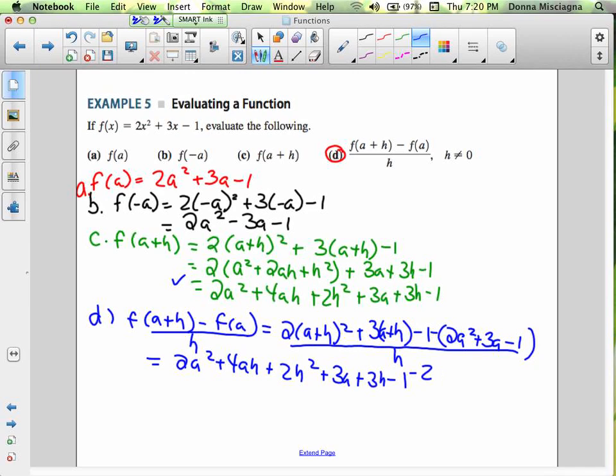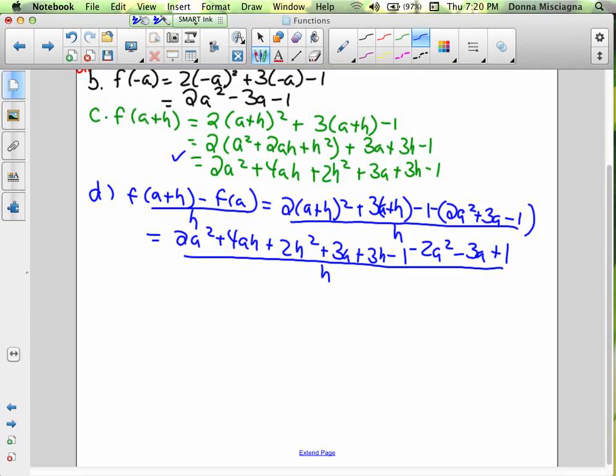So that's negative 2a squared minus 3a plus 1, all over h. I'm going to have to extend the page. There we go. Now let's combine our like terms. So we have a 2a squared and a negative 2a squared. So that's gone. We have a 3a and a negative 3a. So that's gone. We have a negative 1 and a positive 1. That's gone.